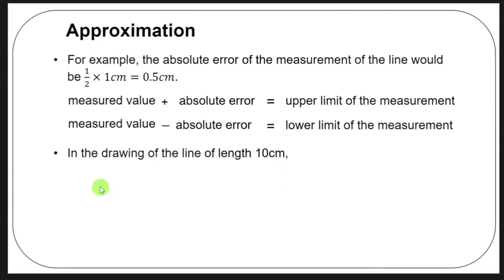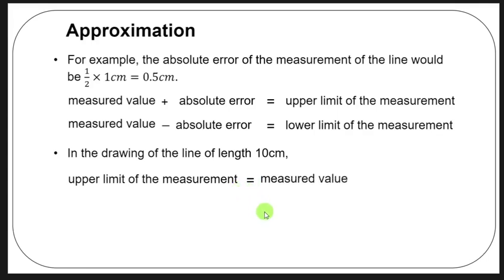in the drawing of the line of length 10 centimeters, we can say the upper limit of the measurement, meaning the expected error that someone should be away from the actual value 10, is going to be equal to the measured value plus the absolute error.